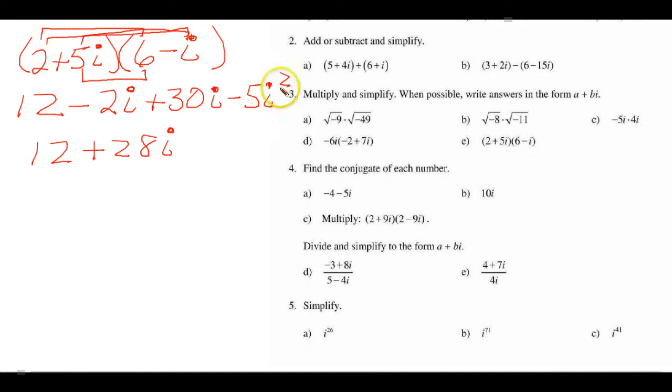A negative 1. So this becomes a negative 1, and a negative times a negative makes it a positive 5. So we want to write this in the correct form. So we get 17 plus 28i.